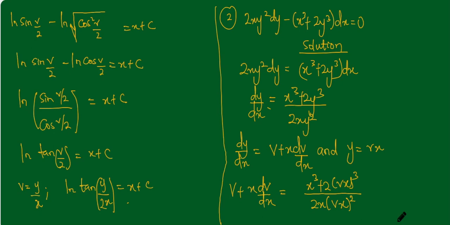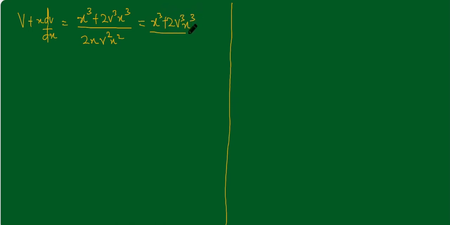So now we have v plus x dv dx equal to x cubed plus 2v cubed x cubed divided by 2x v squared x squared, and this gives us x cubed plus 2v cubed x cubed divided by 2v squared x cubed.